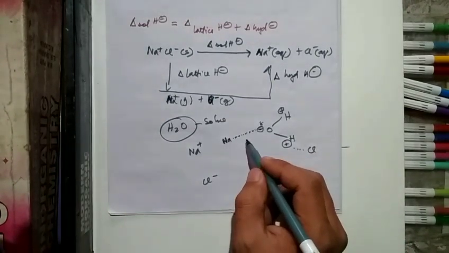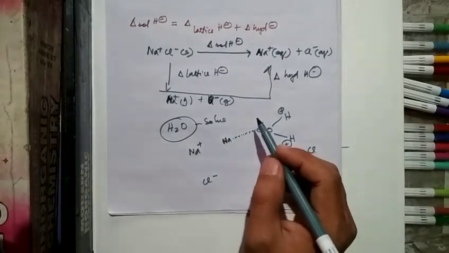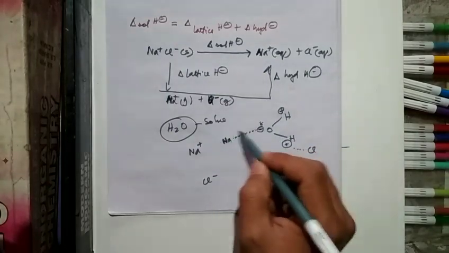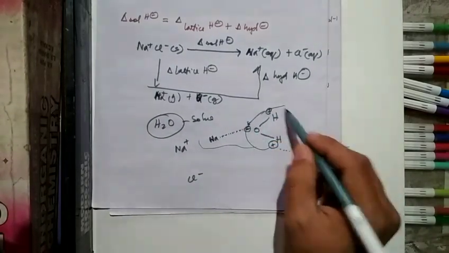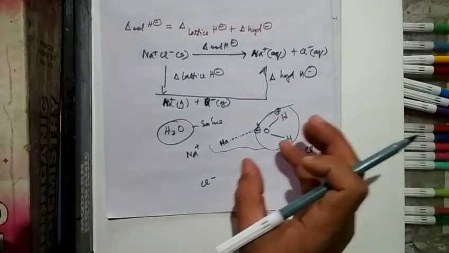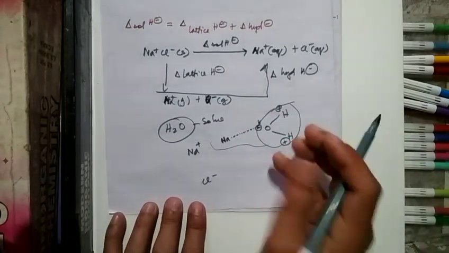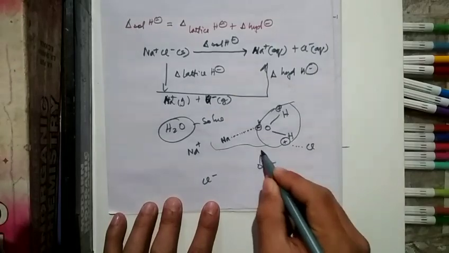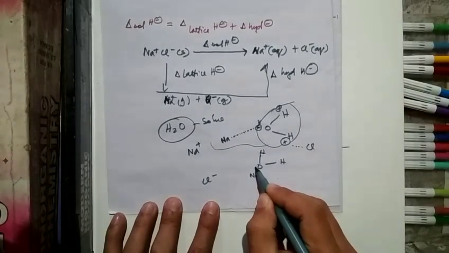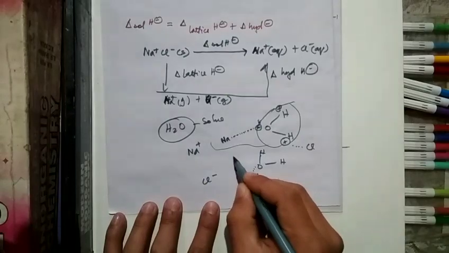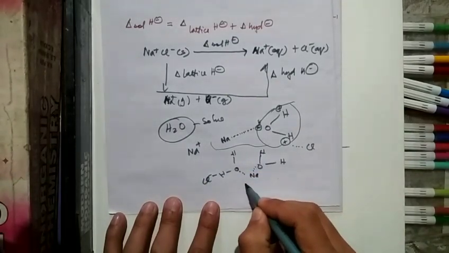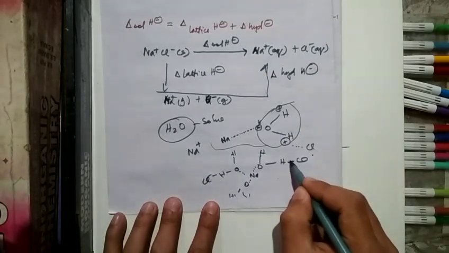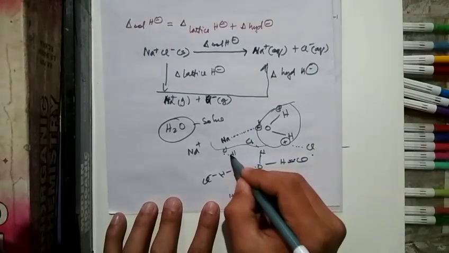The enthalpy involved when these ions are hydrated, hydrated meaning water is added, is the hydration enthalpy. So the oxygen will come and interact with this Na, and the Cl ion with hydrogen, like this.